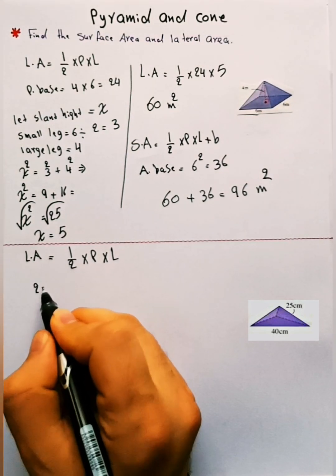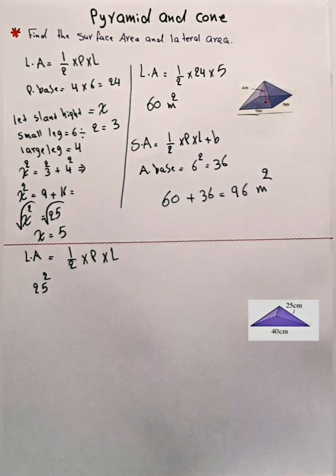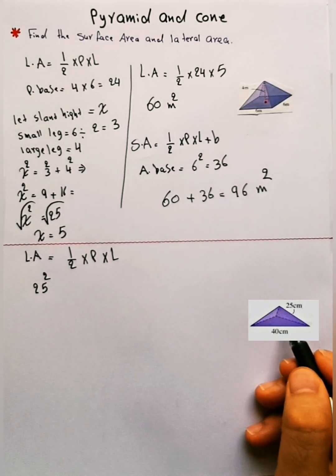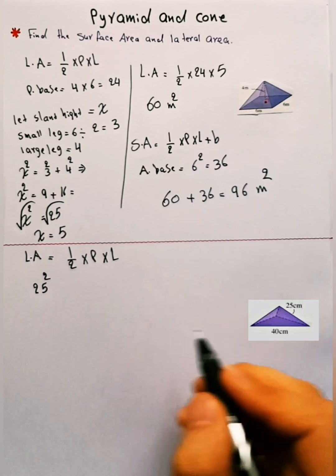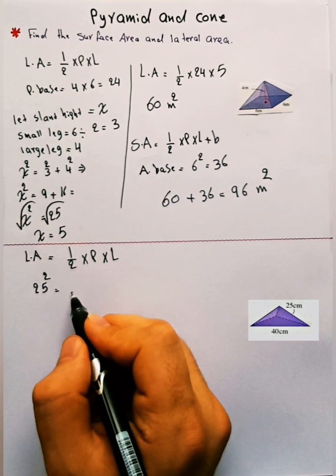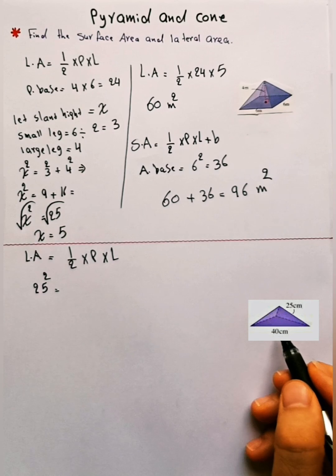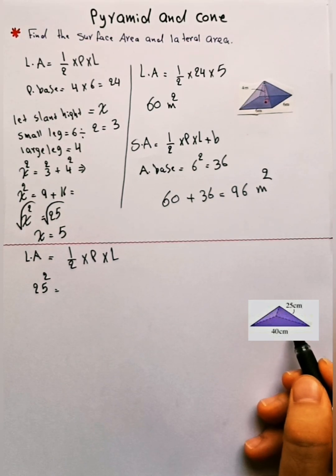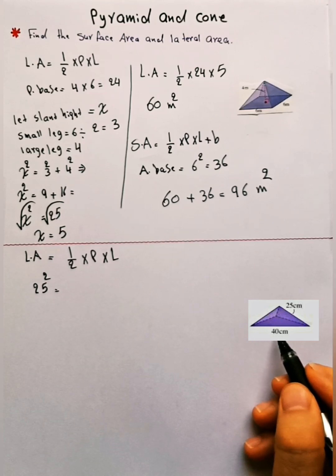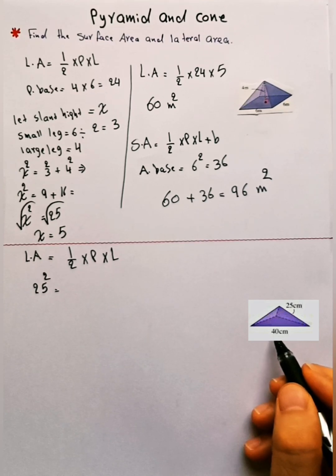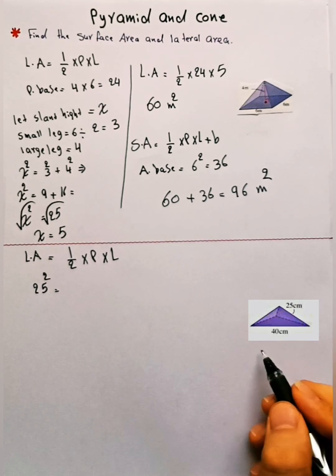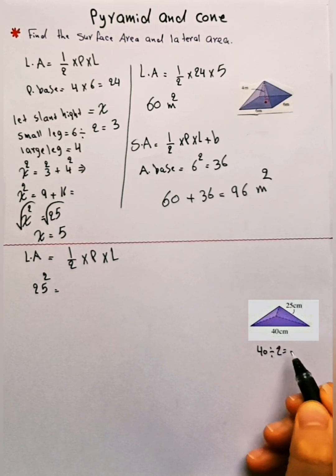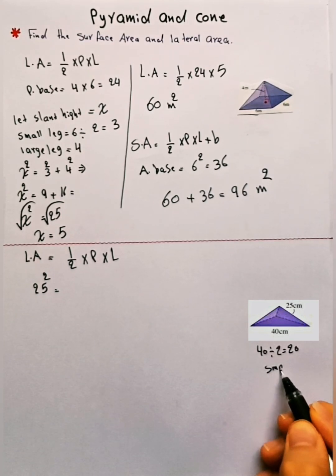So x square, this is the apothem for the triangle. x square equals, and then we have to divide the length of this side for the small leg. So 40 divided by 2 equals 20. So the small leg is 20.